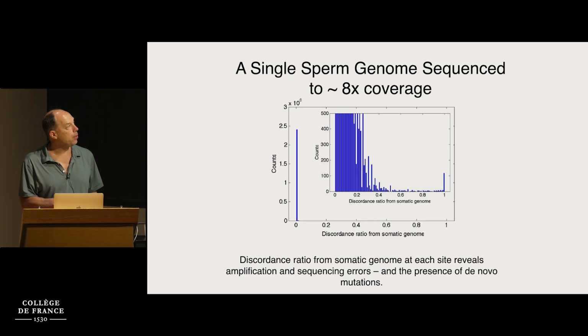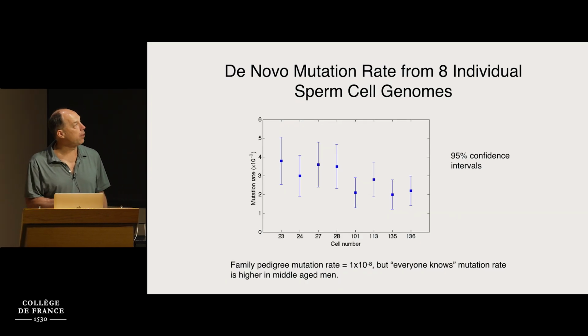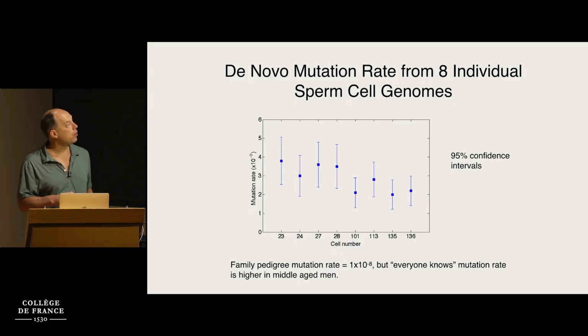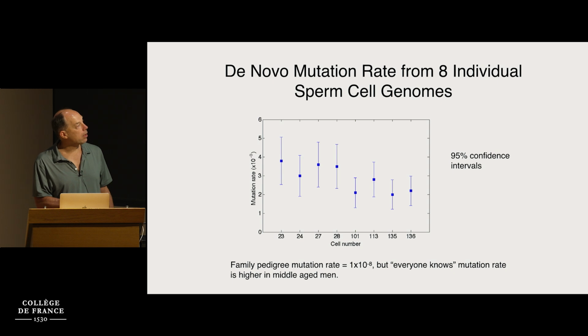So these are de novo mutations. We repeated the sequencing across a number of different individual cells. And if you convert the number of changes to a rate, it looks like this. So it's about 3 times 10 to the minus 8 probability of getting a de novo mutation, which is a little higher than what people had thought from bulk measurements of sequencing parents and children. So there's some literature on this.